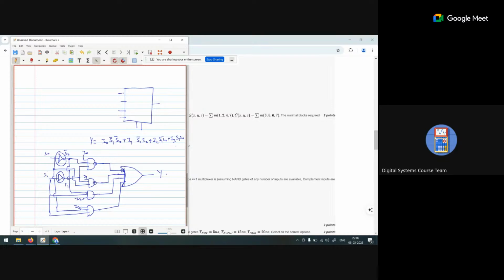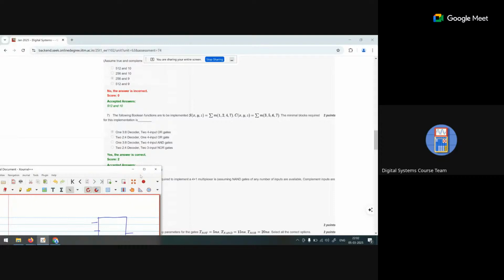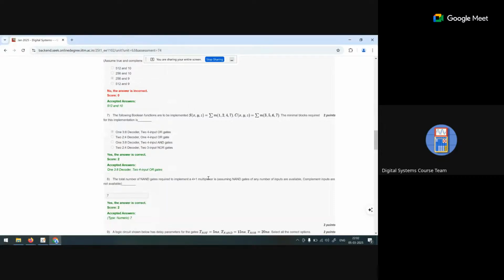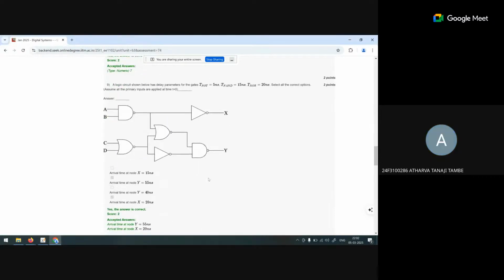Similarly for each of the AND gates. So two already NOT gates, 3, 4, 5, 6, and last 7. Okay. Yes, sir, it is clear. Now next 12 and 13.